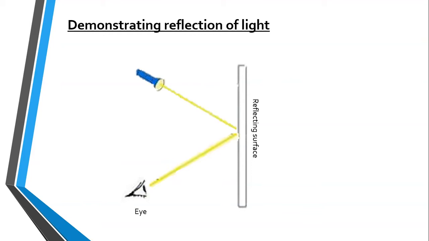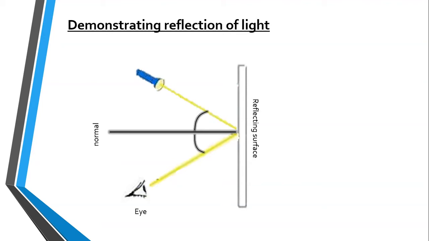Now, there is an imaginary line that is drawn in between the light coming from the torchlight and the reflected light into your eyes. We call it the normal. Alright, it is called the normal.